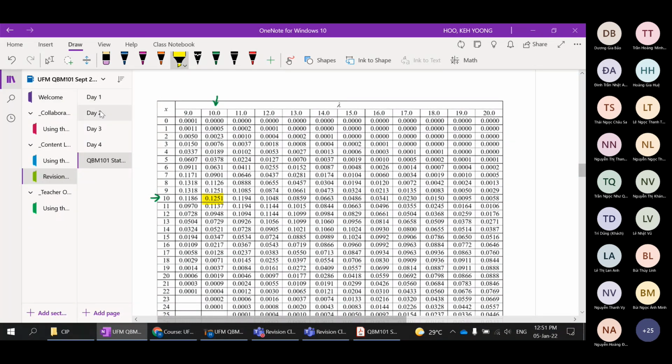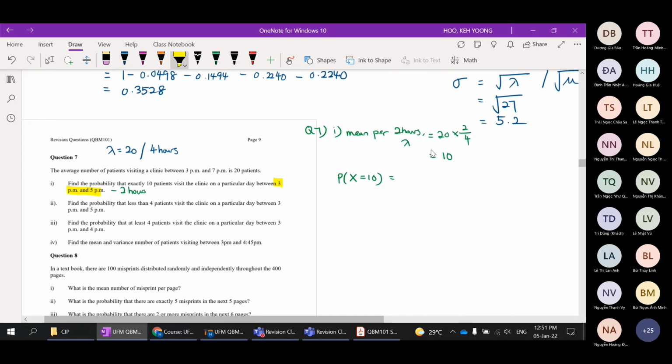Or you could use formulas. If you can't find it in the statistical table, then you use the formula e negative lambda times lambda power x divided by x factorial. Whichever method, you should get the same answer, 0.1251.